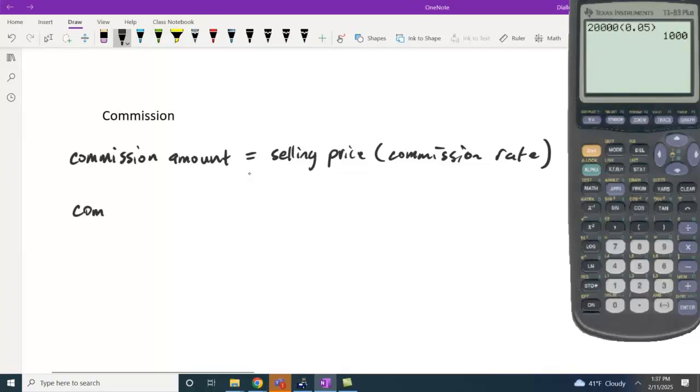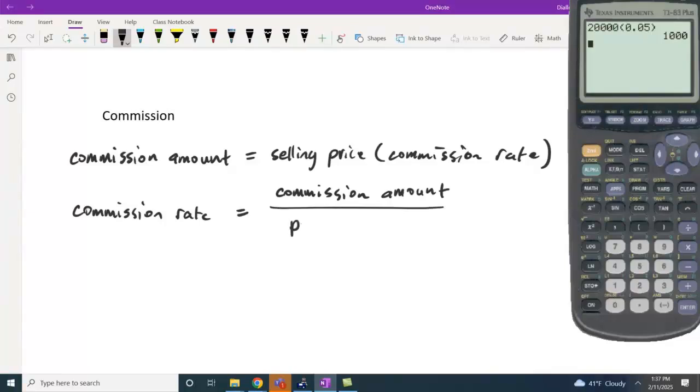Next, we have the commission rate. Now, just like the sales tax rate, the rates are usually given. But if the commission rate is not given, you can find it by dividing the commission amount by the purchase price.